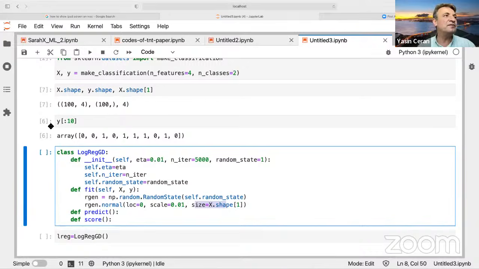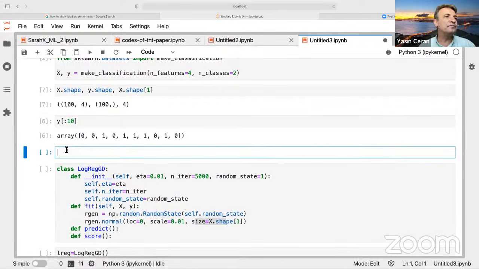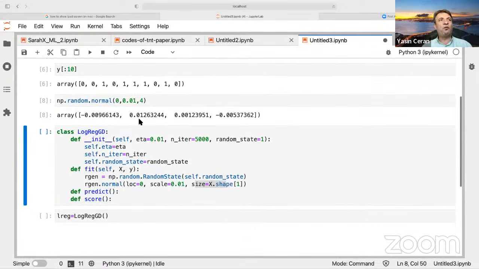So let me show you what happens here. As you see, I just generated 4 random numbers with 0 mean, standard deviation 0.01, and the size is 4.